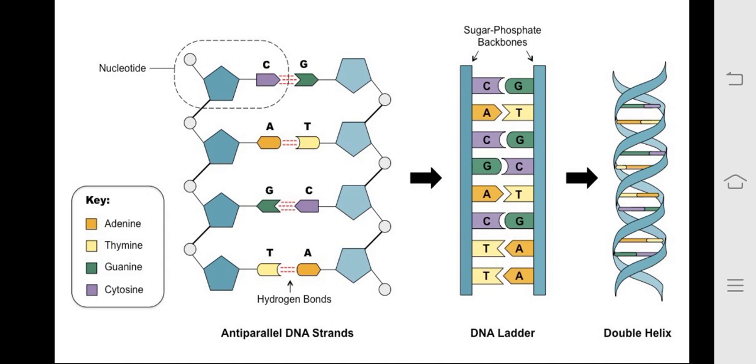The two chains are complementary in that each of them is an exact replica or negative copy of the other with regard to the base sequence. They are antiparallel in that they run in opposite directions and have opposite chemical polarities.